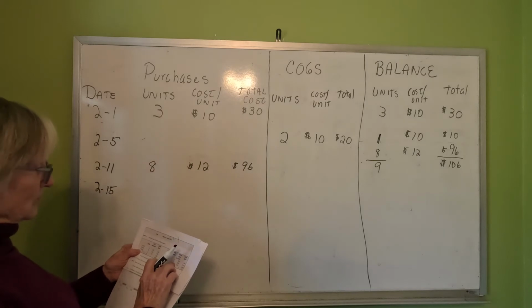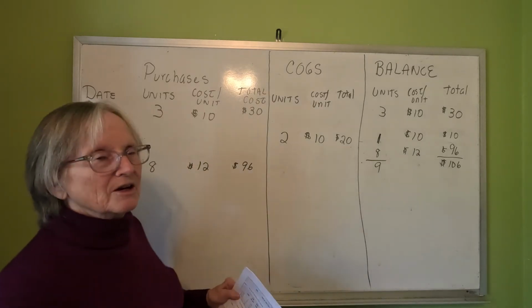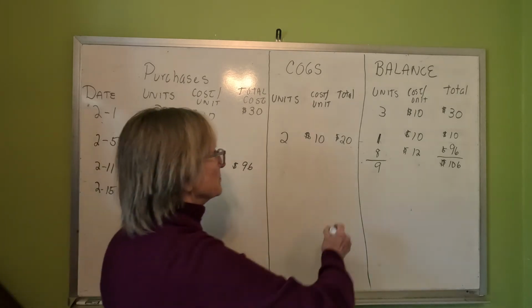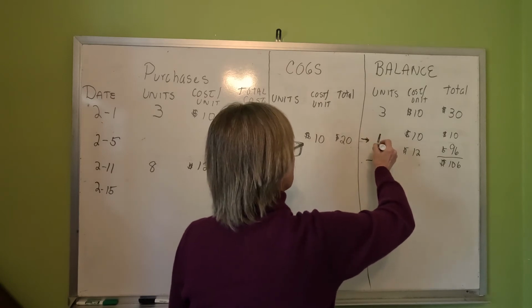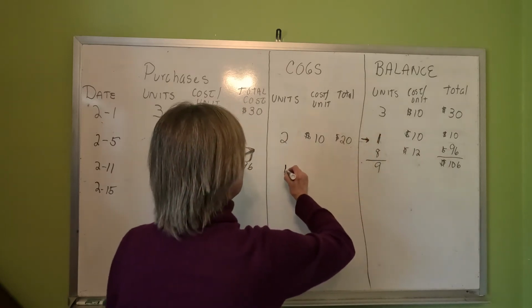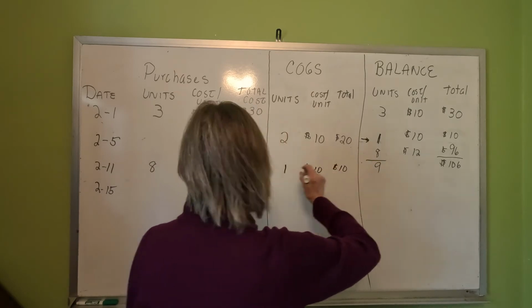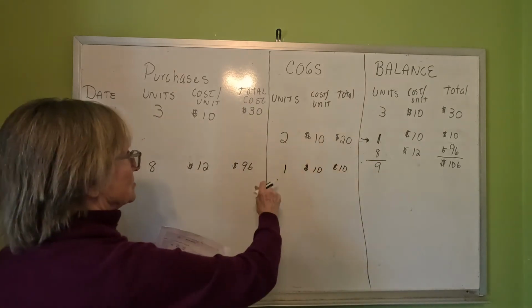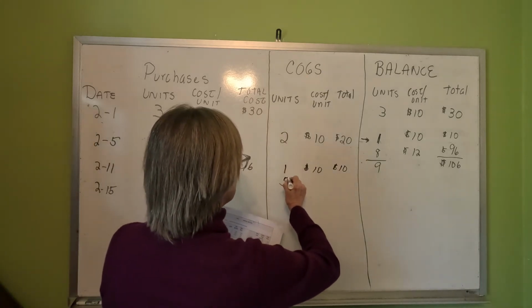Now, the question is, under FIFO, which units did we sell? First in, first out. We sold all of those, all 1 of them. So we sold 1 at 10 for 10. We sold 6 units altogether, so we have to account for 5 more.